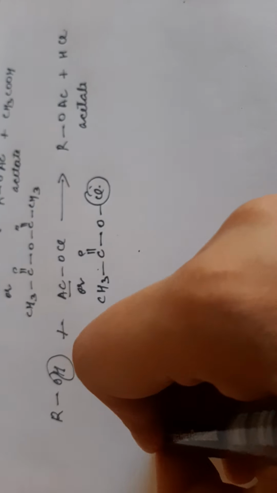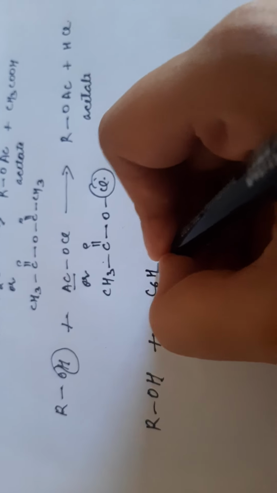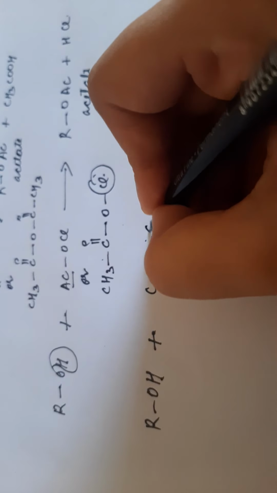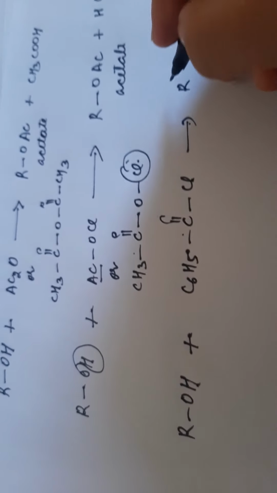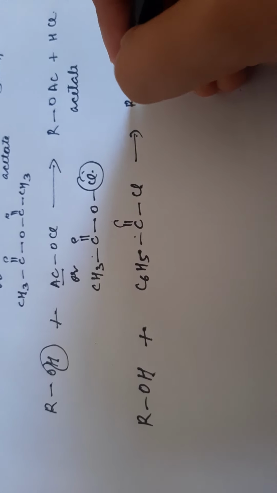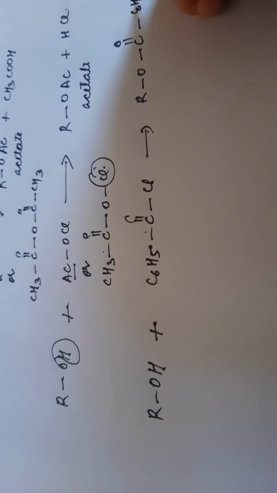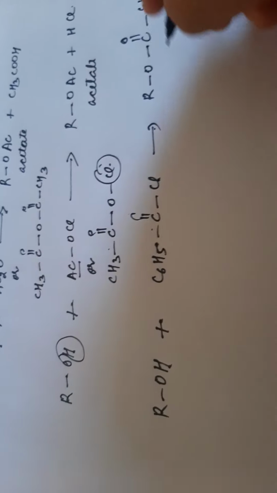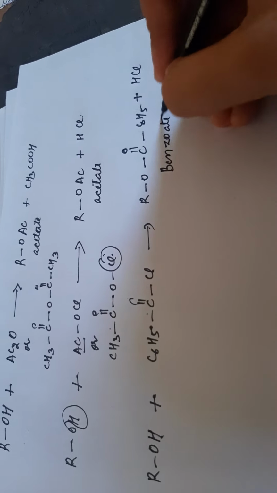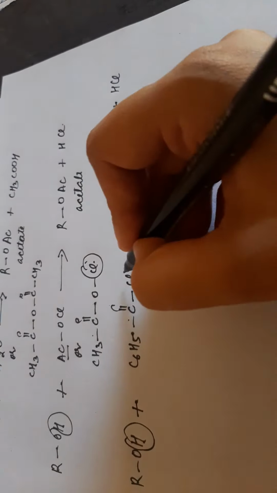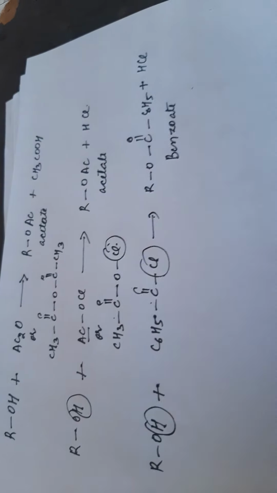Similarly, if we treat a terpenoid containing the hydroxyl group with benzoyl chloride, then there is the formation of benzoate. Here the removal of HCl takes place. Now we can do any of the three reactions.